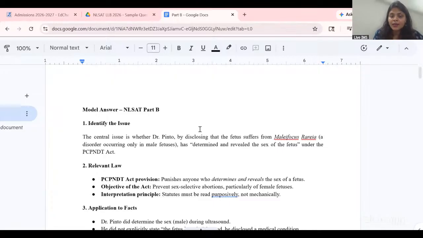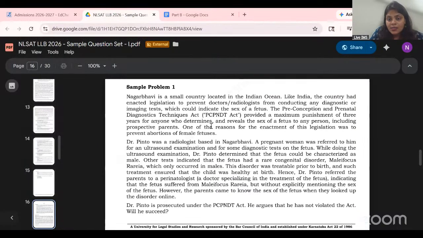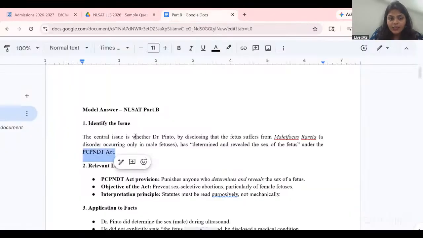Here you will see that the doctor has disclosed the sex of the fetus, which was prohibited under the given act, which states that you are not supposed to disclose the sex of the fetus under any circumstance. The objective of this law was to prevent female fetus abortion.